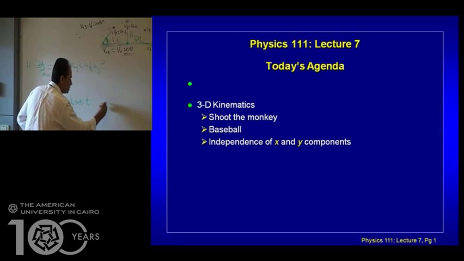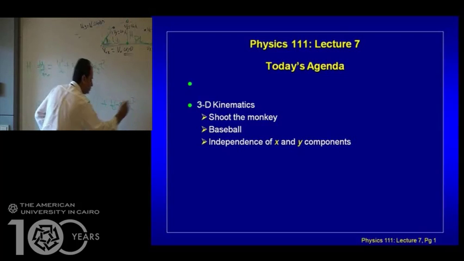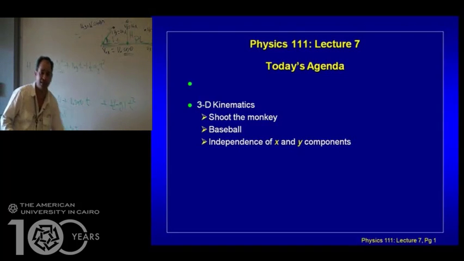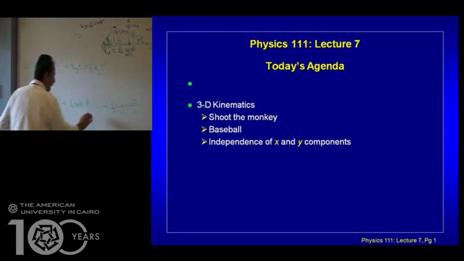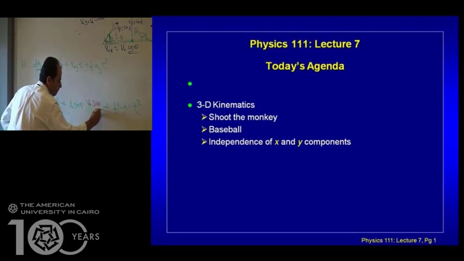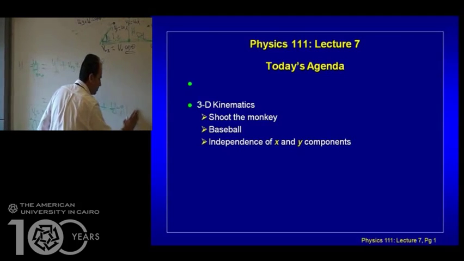T plus half minus G T squared. Now, every time I see T, I put its value. Each time I need T, I replace it by its value.